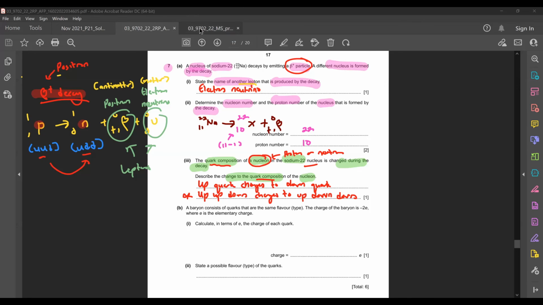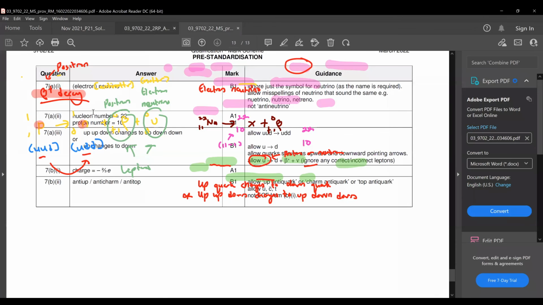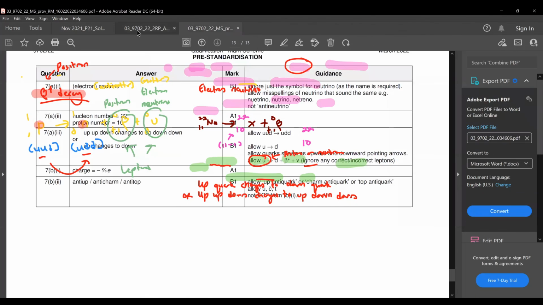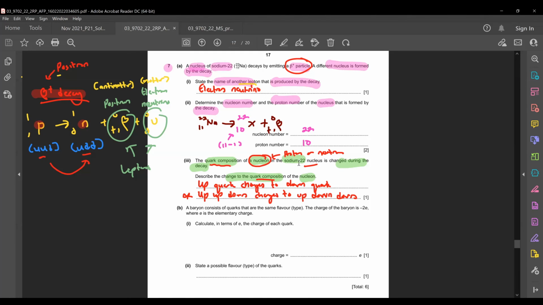That was what the marking scheme said, if I'm not mistaken. Up, up, down changes to up, down, down, or up changes to down, whichever you want. Whichever is more sensible for you.